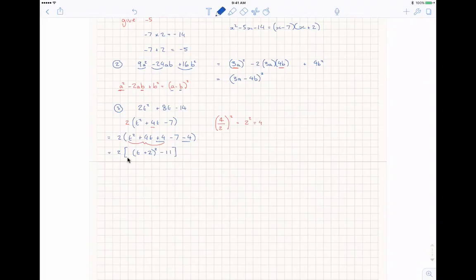Now we use the difference of 2 squares, because we can write this as the square root of 11 squared. Difference of 2 squares, t plus 2 plus the square root of 11, t plus 2 minus the square root of 11.